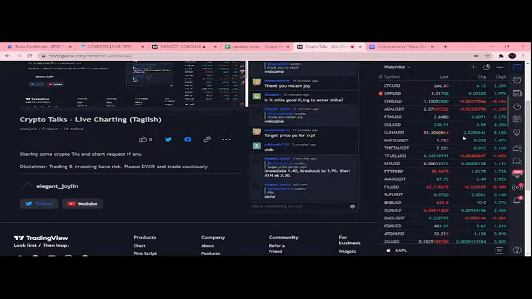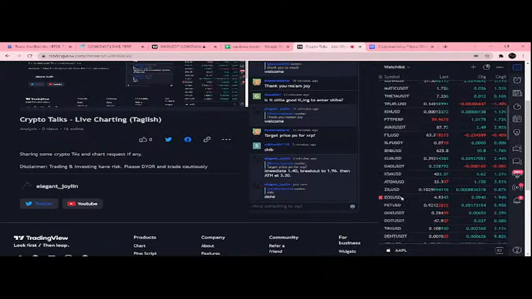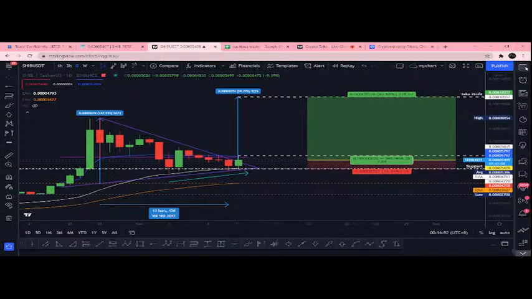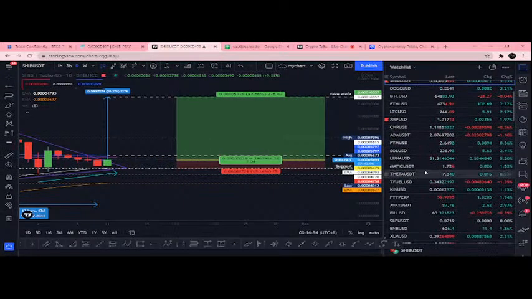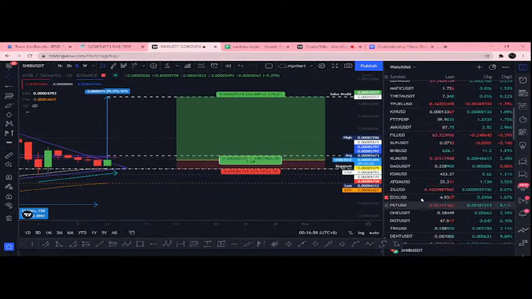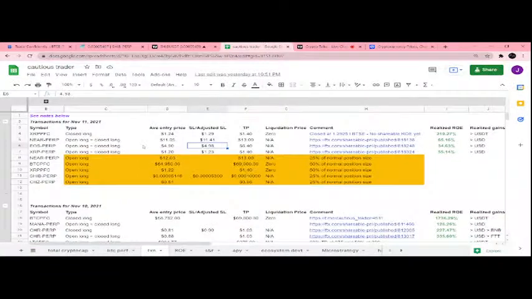Did I share a bit? Yeah, EOS. I did trade it, but I got stopped out, because I adjusted my SL to 4.98 and it's currently at, how much? 4.93, which is almost close to my entry price already.